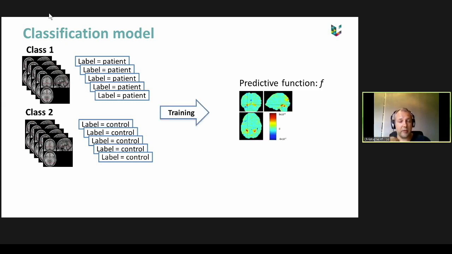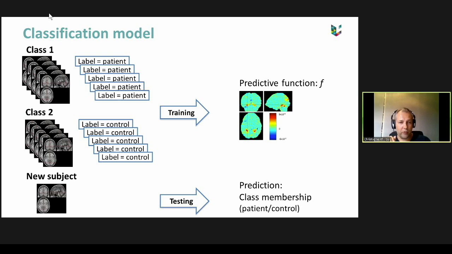There has to be some training that will output a predictive function. With that predictive function, when given a new subject, you'll be able to predict the class membership. In this case, because you've trained it on patients and controls, it will spit out a value that will either refer to the patient or the control class.